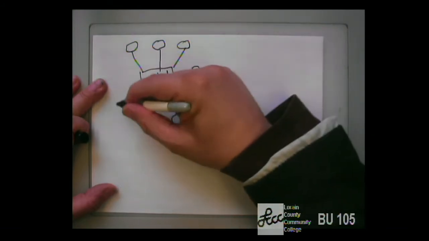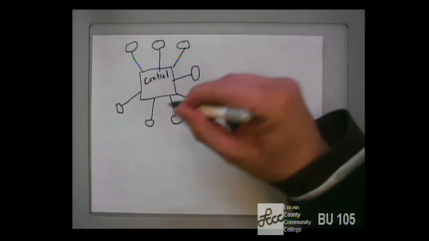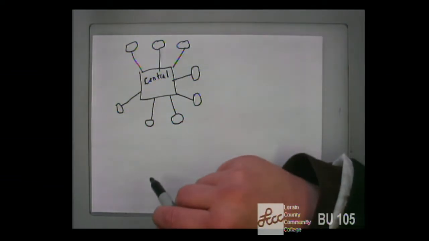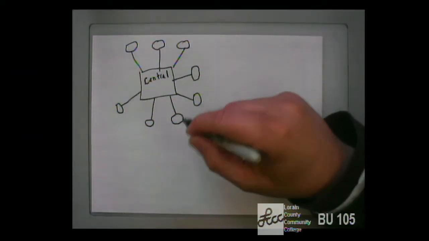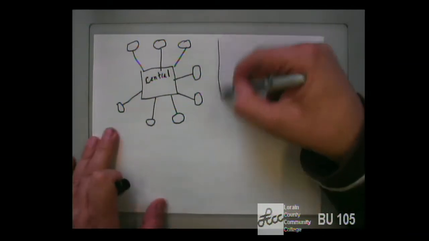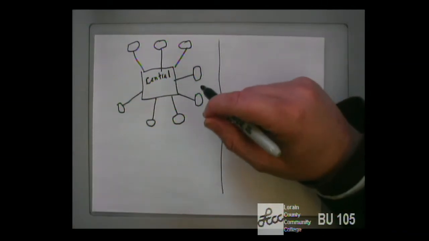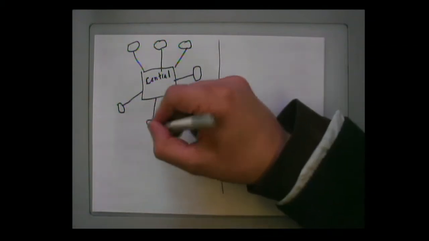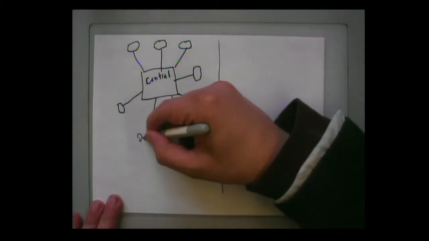Now, over time, those devices took a different role, all right? This might be like how computing was in, I don't know, maybe the 70s, let's say. These were dumb terminals.